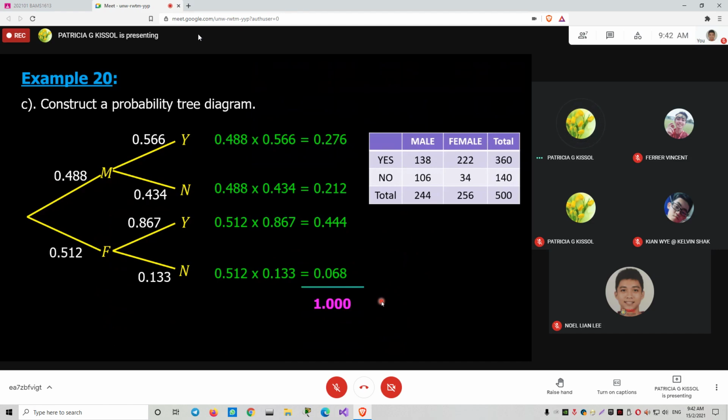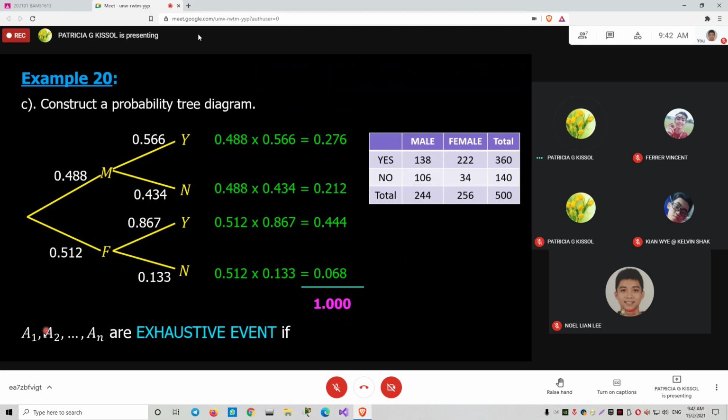Oh yeah, importantly, take note that every time you construct a probability tree diagram, based on the branches that you get, the total value of all the probabilities should be equal to 1. Okay, right.